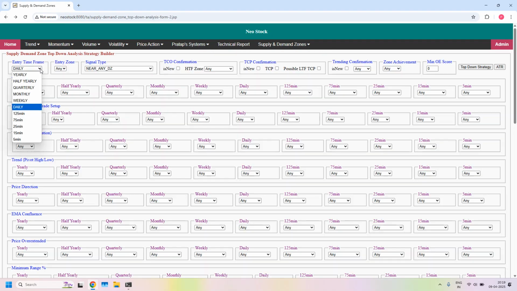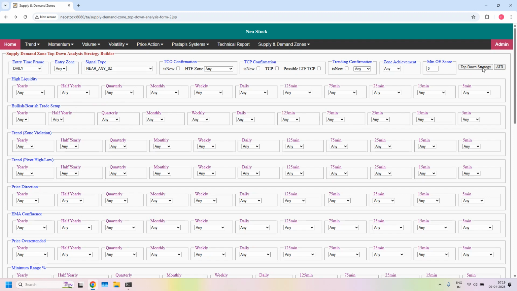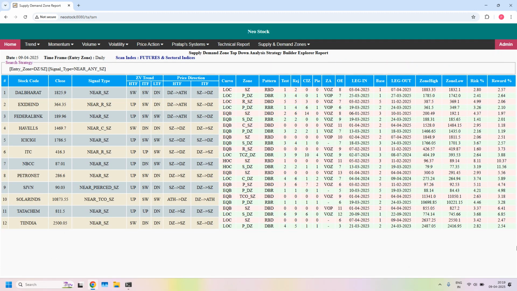For daily time frame, let us find the stocks near to the daily supply zone. We got 12 stocks. Let us identify high liquidity daily supply zones from this list. Exide Industries is having a daily high liquidity supply zone.